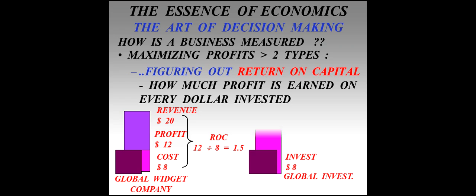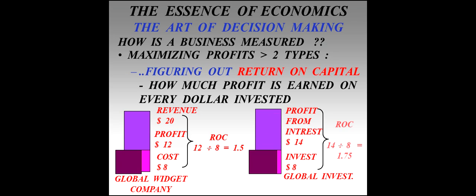And let's say for illustration, this investment was able to generate $14 profit from interest paid on the investment. The return on capital here from this alternative use of the $8 would be 75 cents on every dollar invested.